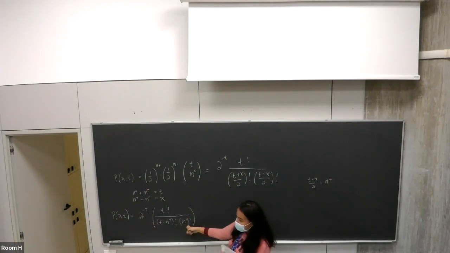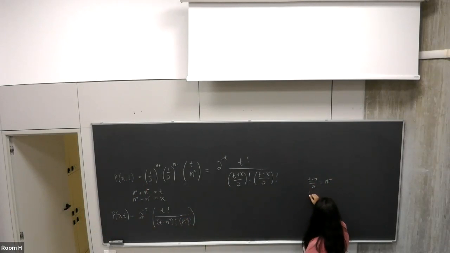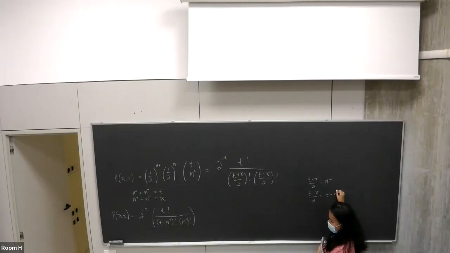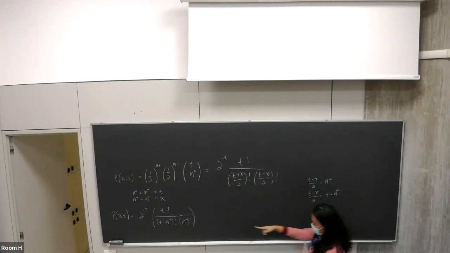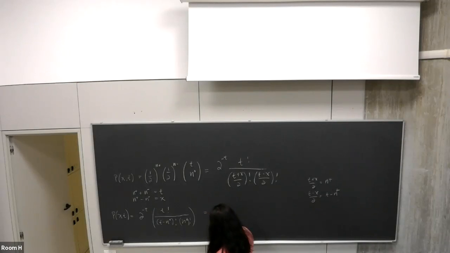So this is this term. And t minus x over 2 is t minus n plus, which is n minus.